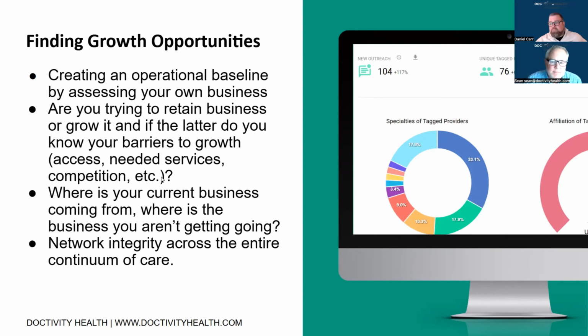Since you mentioned network integrity, you also always like to mention across the entire continuum of care. Did you want to touch on that as well? Yeah, I think that's really important, and I appreciate you bringing that up. The care continuum: what happens to a patient at point A to Z along that care continuum? I always like to use spine as a perfect example.